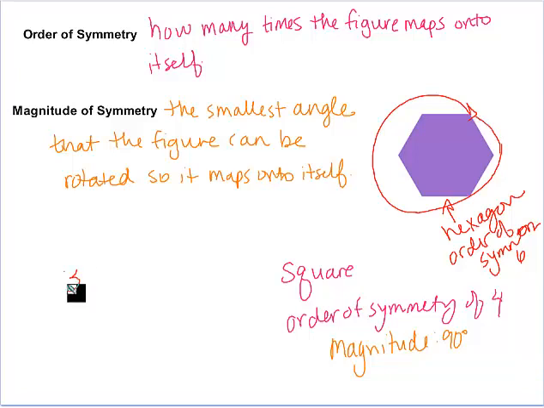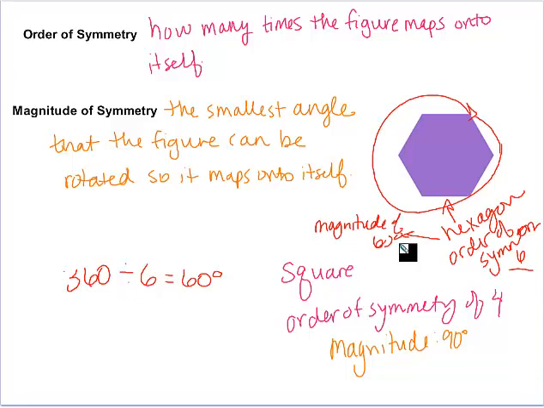So 360 degrees, and we'd want to divide that by 6 because we could move it 6 times and map it 6 times onto itself. Okay, well, 360 degrees divided by 6 is 60 degrees. So for this hexagon, it has a magnitude of 60. Okay, so that is our transformations on symmetry.